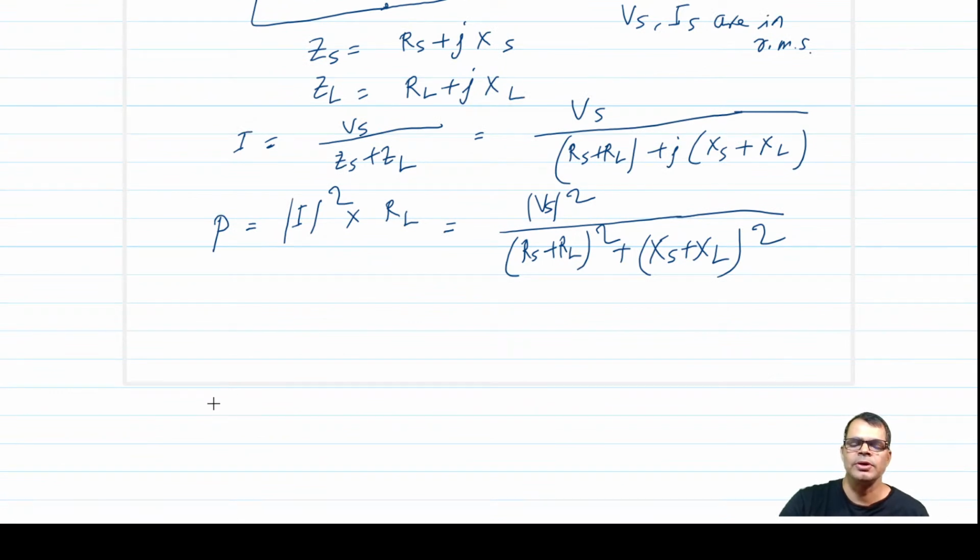So you know from the maxima and minima theorems, we want to maximize this power P. What do you know about this maximization?